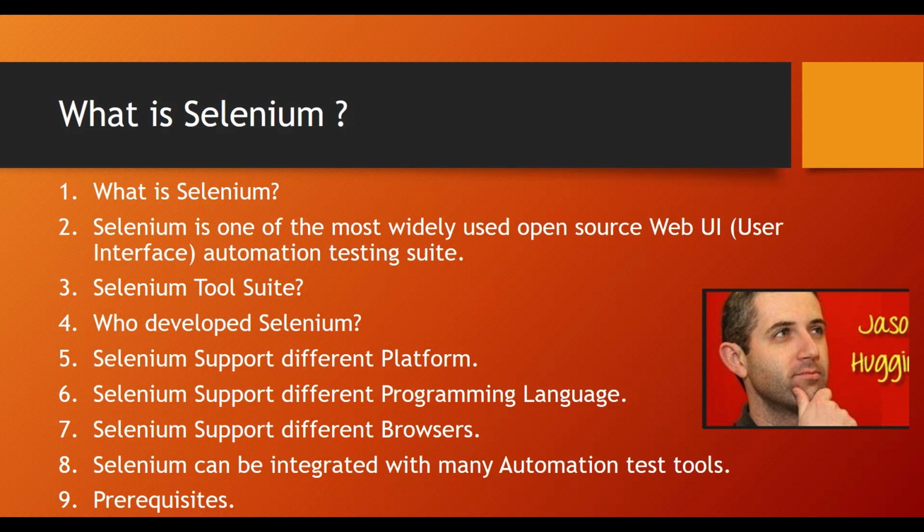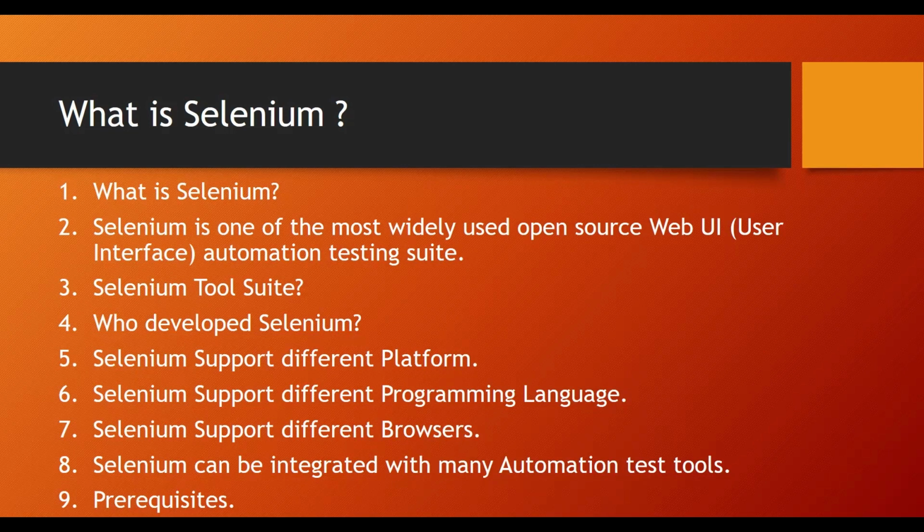So he created a JavaScript program that would automatically control the browser actions, and he named this program the JavaScript test runner. So in the beginning, the name of Selenium was JavaScript test runner. And later he renamed it the Selenium Core.